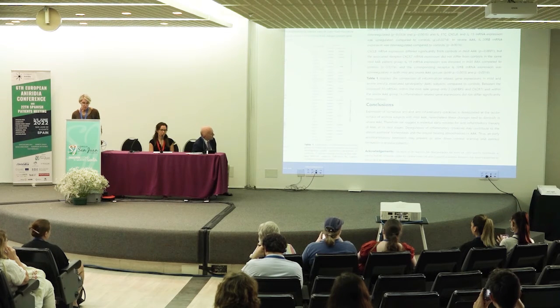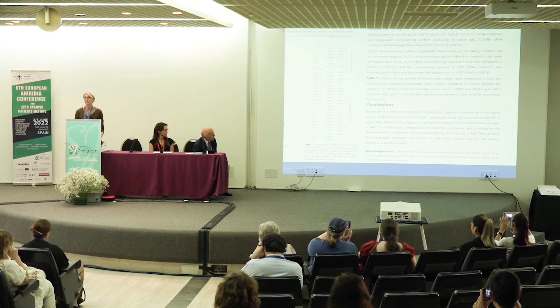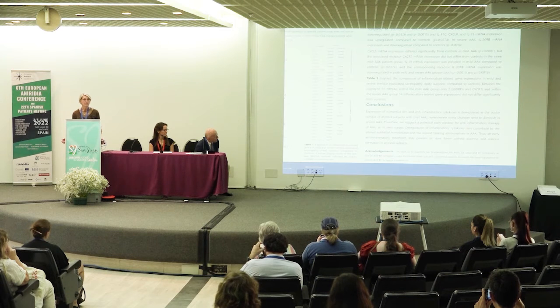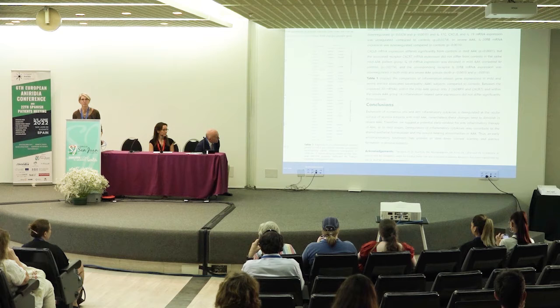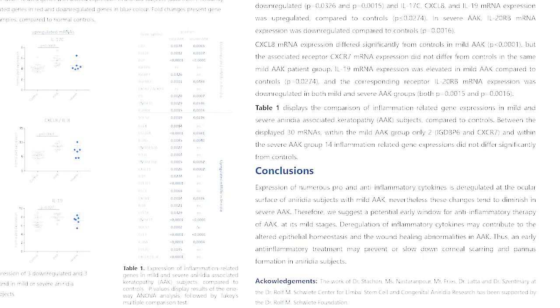We conclude that maybe in the early stage of keratopathy, when conjunctivitis is coming down to the cornea, inflammation is upregulated in the patients, and after a while, when the disease becomes quieter, the expression of the inflammatory genes is reduced.